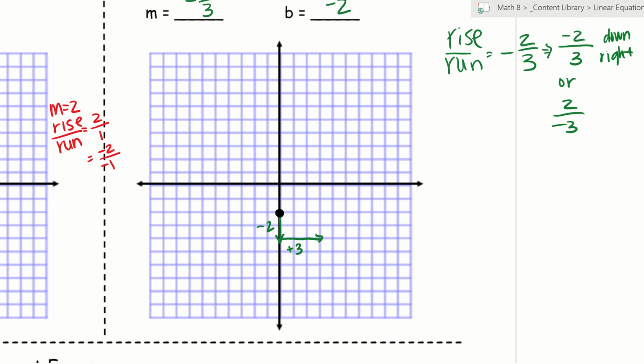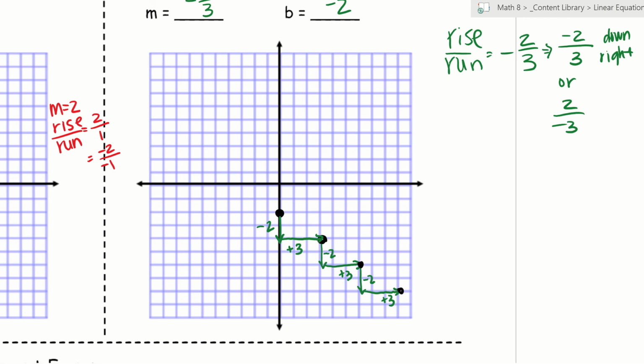So that would be where my next point is. Let's keep going. Down 2 and to the right 3. That's my next point. Down 2 and to the right 3. That's my next point. Well, I've run out of room here.